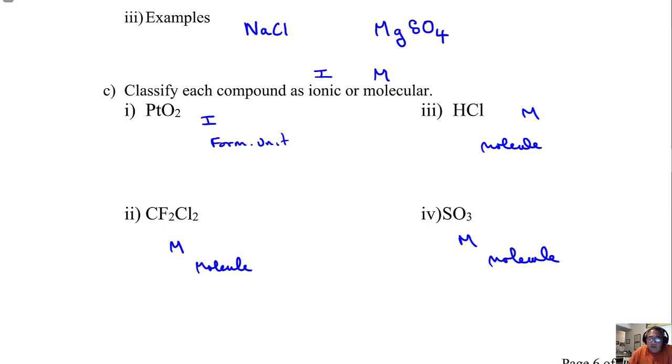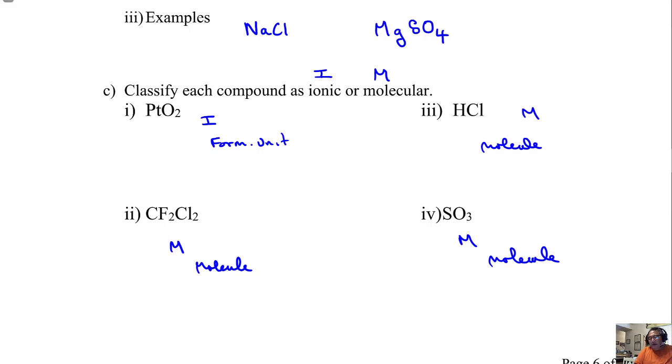So hopefully this is what you came up with. PtO2, platinum(IV) oxide is the actual name of it. If I cover up everything to the right and ask, is that a metal? Platinum is a metal, so it's an ionic compound made up of formula units.